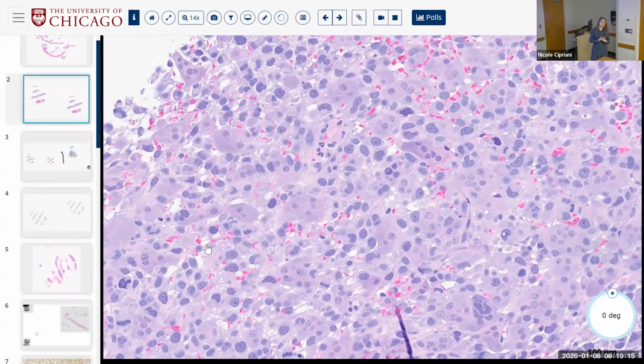So, what's your diagnosis? I was wondering, with all the blood vessel channels in the background, could you think of something vascular like an angiosarcoma? You could. To me, it appears to be kind of like extravasated small red cells rather than vessel formation. But even in angiosarcoma, you don't have to have vessel formation.